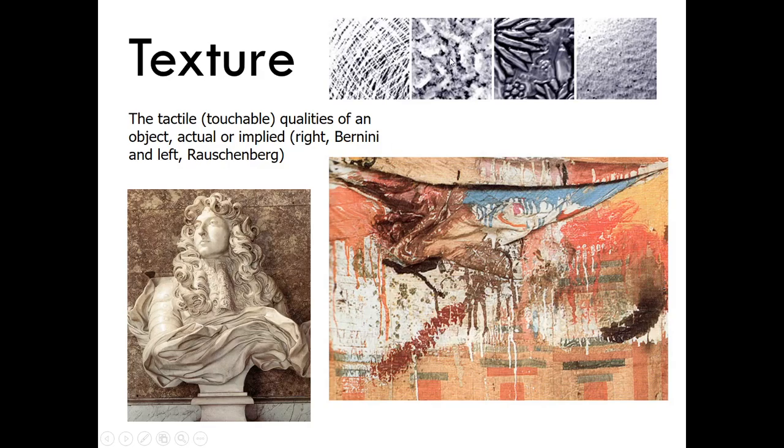Here are some examples of texture. There's 4 of them. You only need 3. We've got scratchy lines as a type of texture, shiny bumps. If you want more textures, think of glass, shiny highlights. Look at some examples. You just need 3 little squares of texture in your sketchbook.